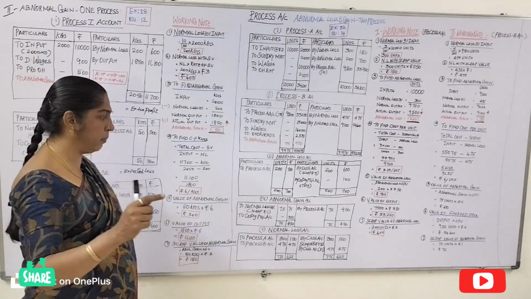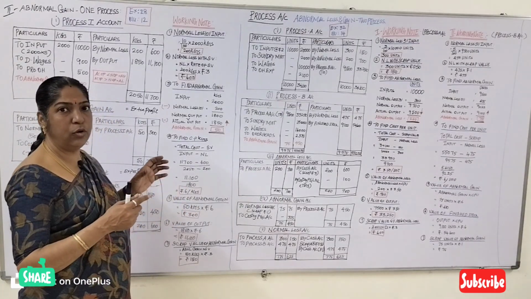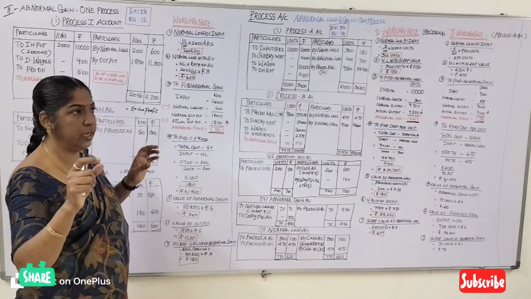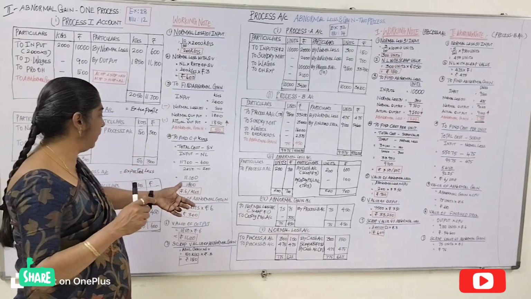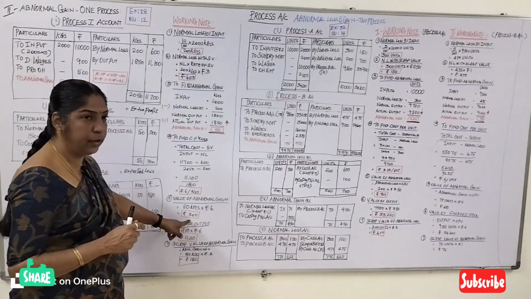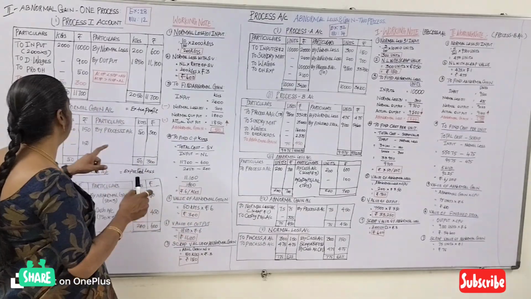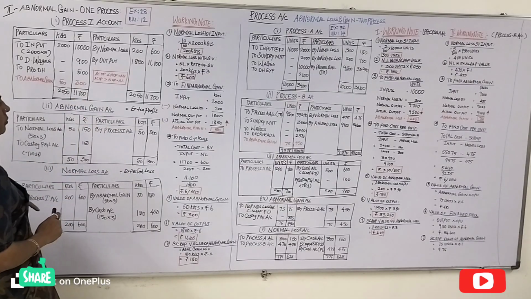What is the value of abnormal gain? We already know the abnormal gain is 50 kgs, right? That 50 kgs multiplied by the cost per kg of 6 rupees gives 300 rupees. That 300 rupees is the value of abnormal gain, which you enter here.